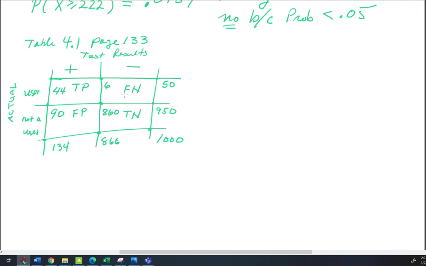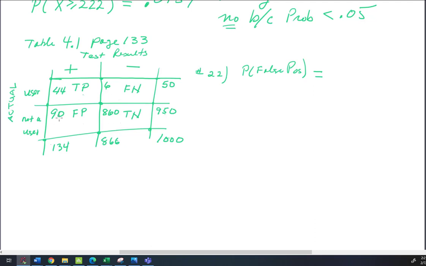And just to pick an example, problem 22 out of our textbook again, problem 22 says, what's the probability of a false positive? Well, how many times did we get false positives?